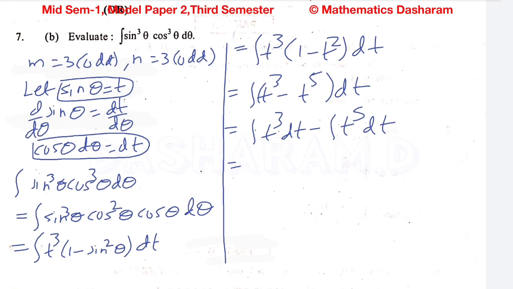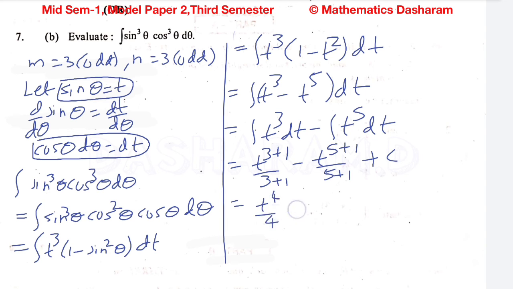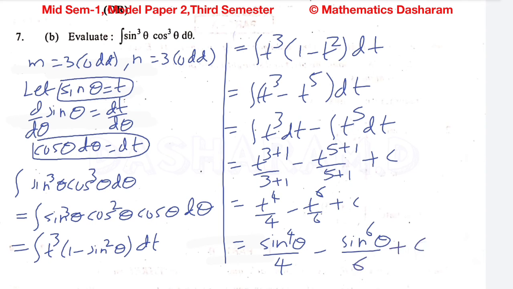So here integration of t cube is t to the power of 3 plus 1 by 3 plus 1, minus t to the power of 5 plus 1 by 5 plus 1, plus c. Substitute the t value, but first let's simplify: t to the power of 4 by 4, minus t to the power of 6 by 6, plus c. So now sine to the power of 4 theta by 4 minus sine to the power of 6 theta by 6 plus c is our required answer.